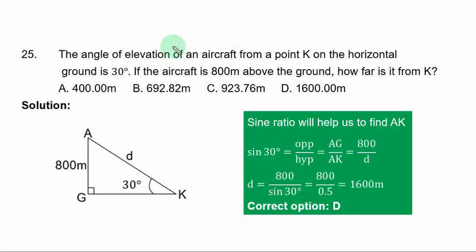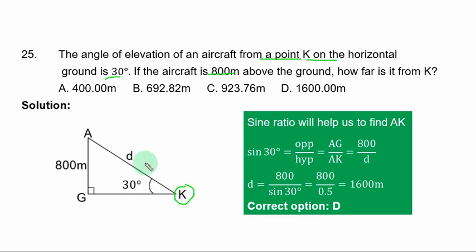Question 25. The angle of elevation of an aircraft from a point K on the horizontal ground is 30 degrees. If the aircraft is 800 meters from the ground, how far is it from K? So this is K on the ground level. Of course, the aircraft is somewhere in the air.